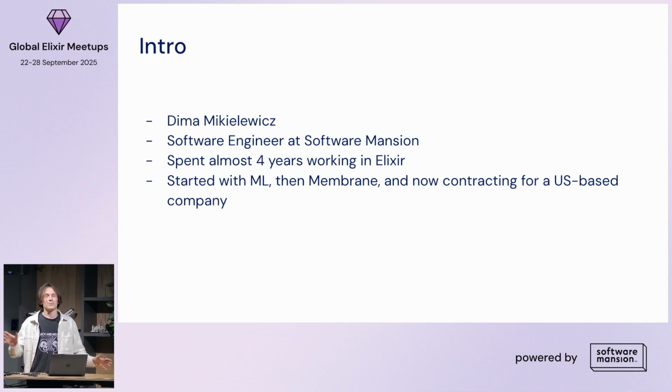It was kind of Spotify for books, where you fed in the books the users read, and it outputted the books they might like. And then I joined Software Mention, and I've been working on Membrane, which probably most of you are familiar with, which is a multimedia platform. And then I joined a United States-based company as a contractor, and I've been working there primarily with Elixir for more than 3 years.